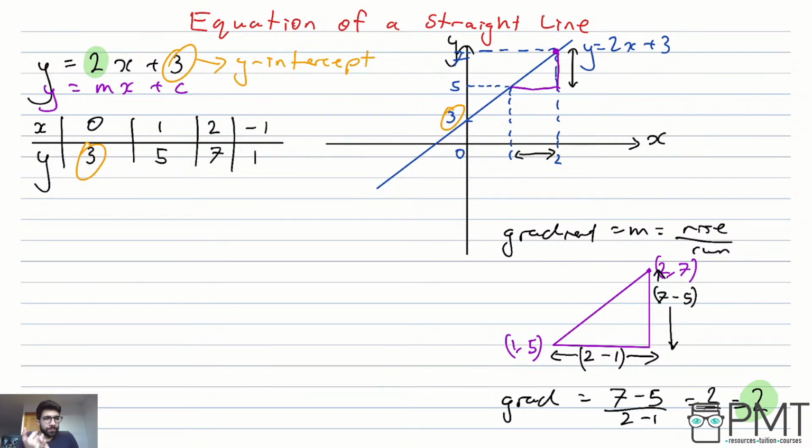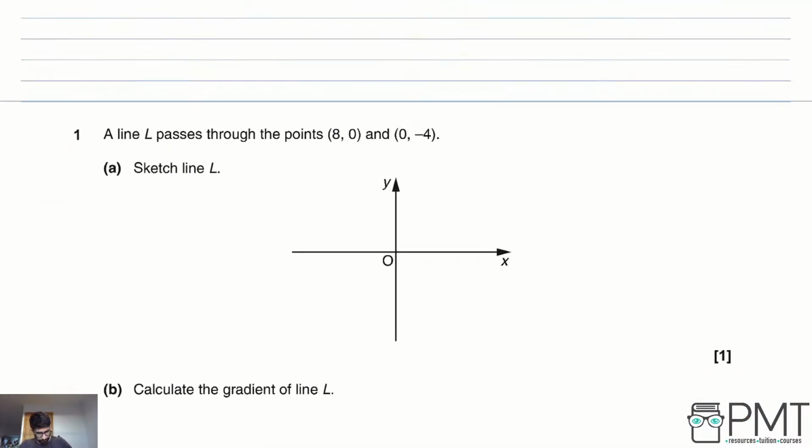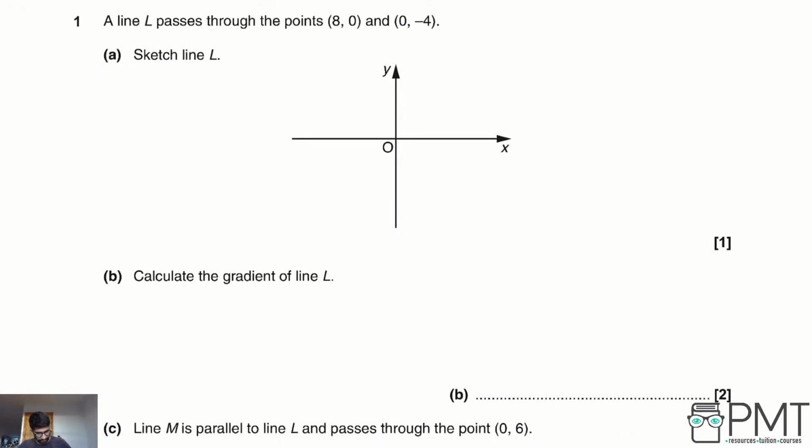So 2 key points to remember here: the gradient is m, whatever is in front of the x, and c is the y-intercept, which is the constant at the end in the form y equals mx plus c. So that's the form of the equation of a line. Let's see how we can apply this to some questions.